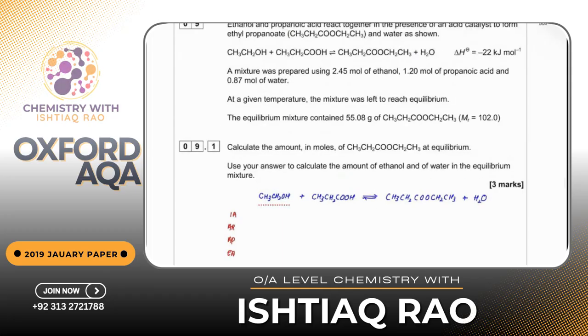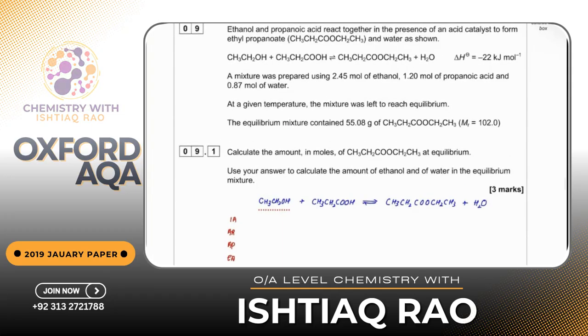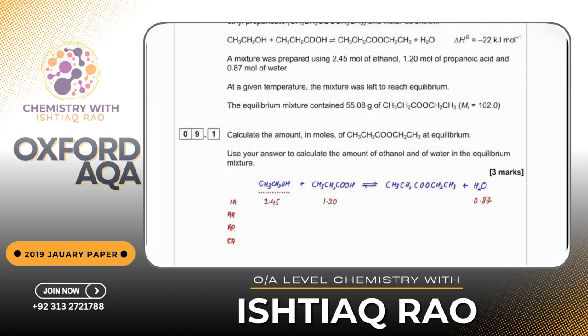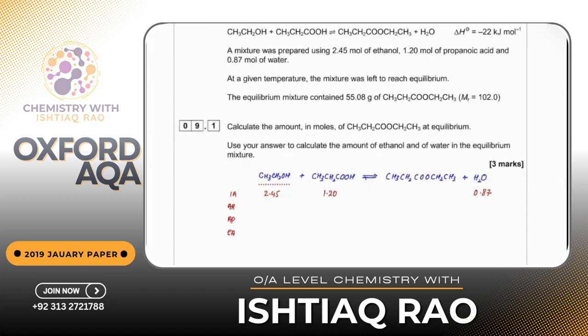Initial amounts they have given: 2.45 moles of ethanol, 1.20 moles of propanoic acid, and 0.87 mole of water. The mixture was left to reach equilibrium.